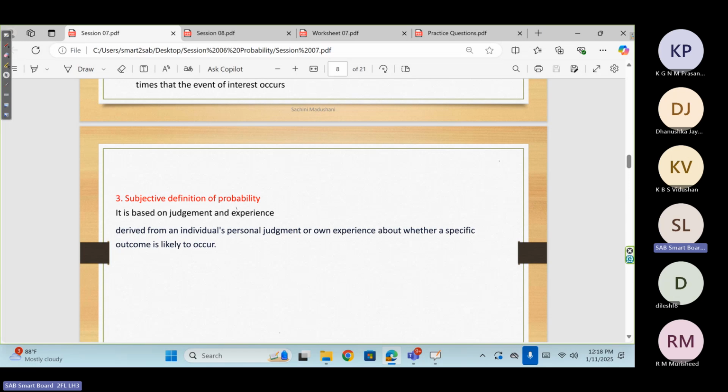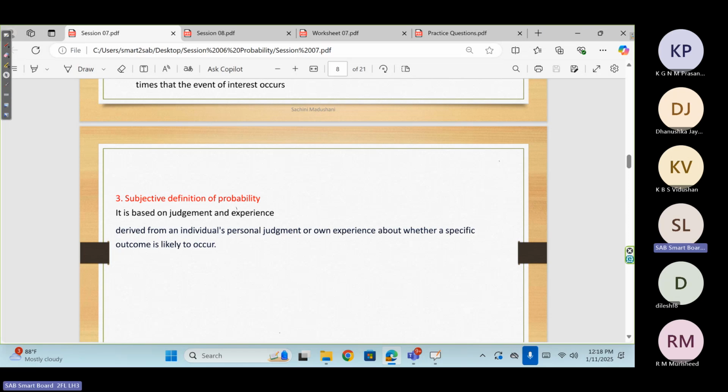Based on his knowledge and experience, he can say 15% is the probability. Next time we meet the quality inspection manager, and he or she says 20% is the probability. It is based on his or her experience, knowledge or judgment.